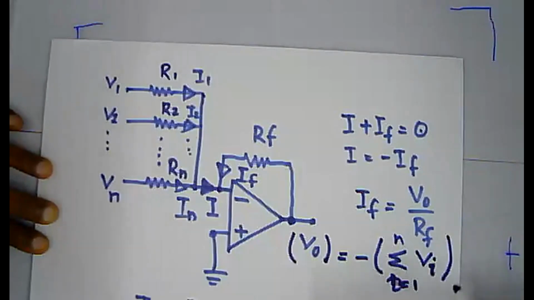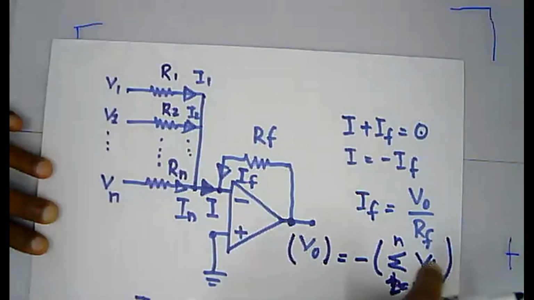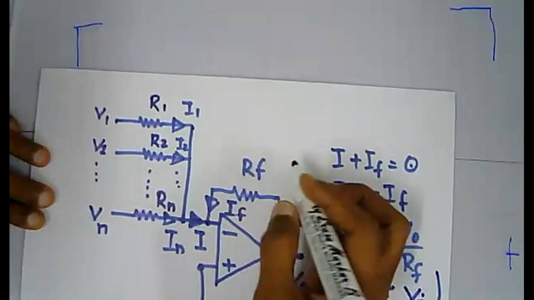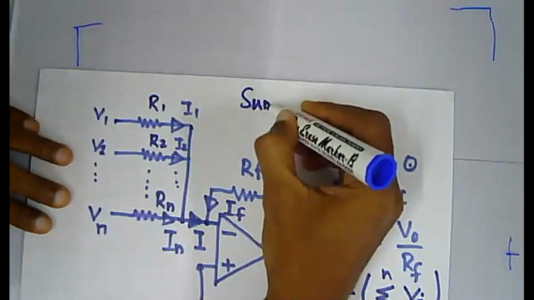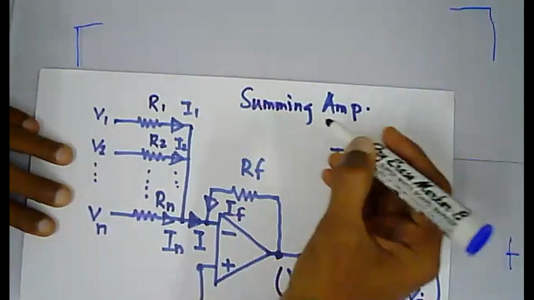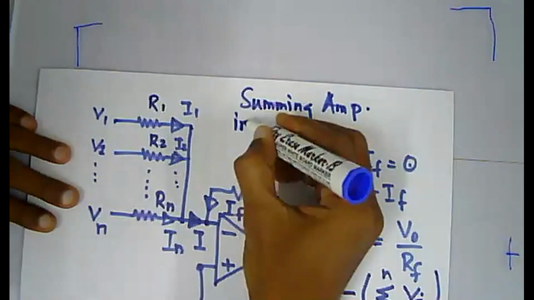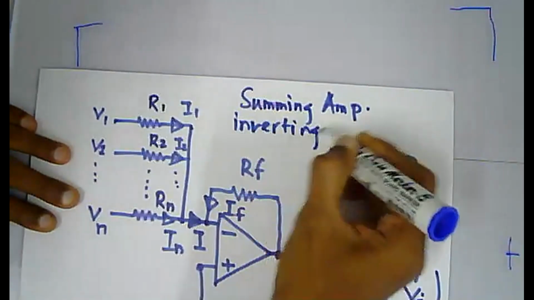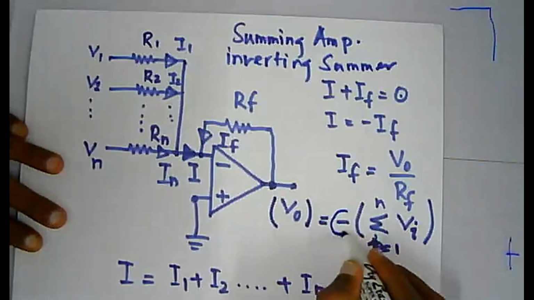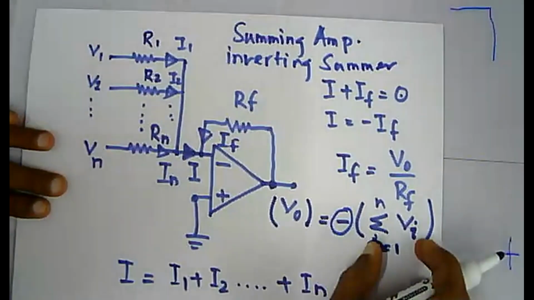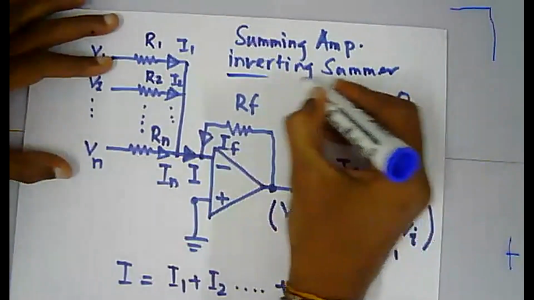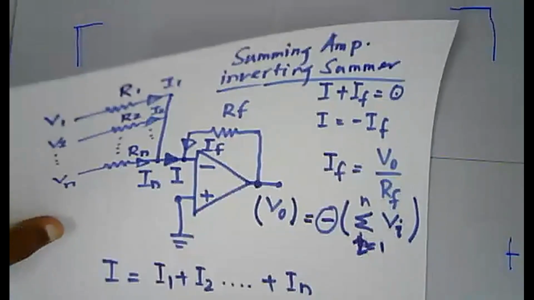Hence, this circuit is called the summing amplifier, or sometimes an inverting summer. Why? Because we have a negative sign here, which means it is adding all the values but also multiplying with a minus. Hence, we call this an inverting summer.